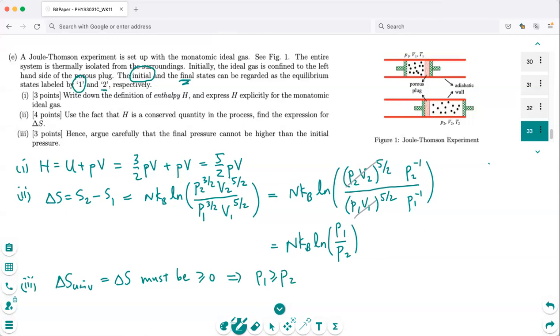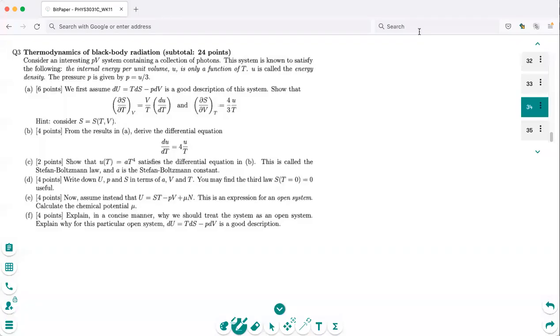Next is about this photon. Let me prepare the slide and I will show you that. Okay, about this photon. Now, this is a really fun problem and it's very related to what we are going to do with the Bose-Einstein statistics.